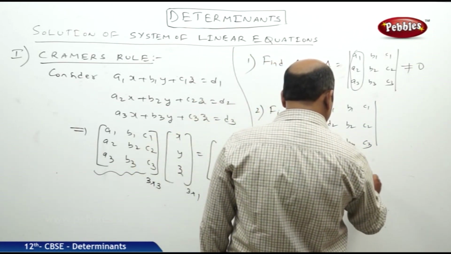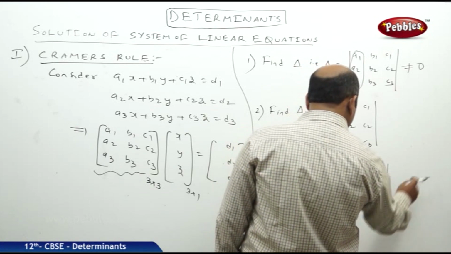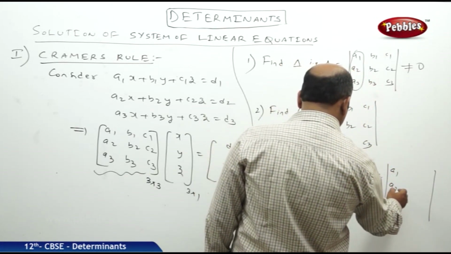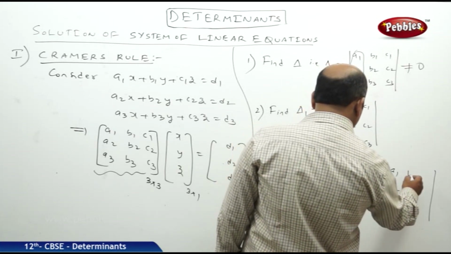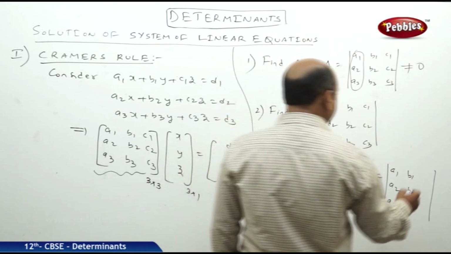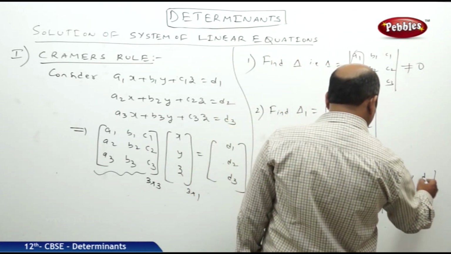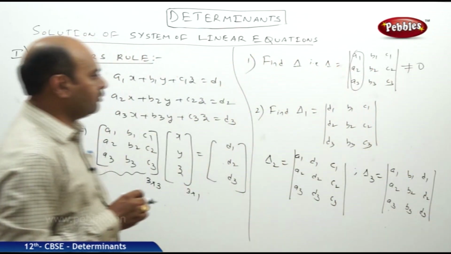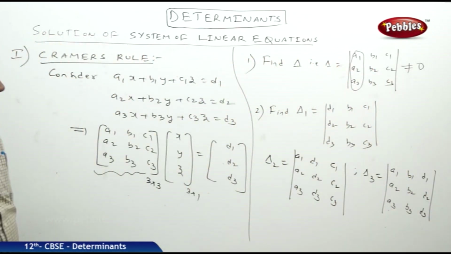And later I need to find delta 3. So in delta 3, the first two columns are a1, a2, a3 and b1, b2, b3, and the last column should be replaced by d1, d2, d3. Now we need to find the values of x, y, z.